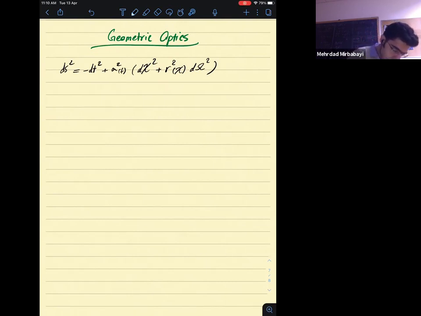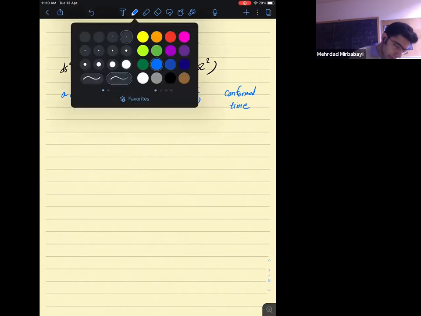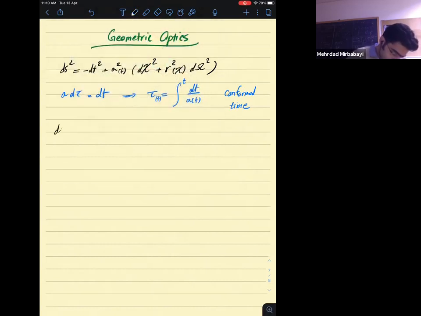Okay, and then we define the conformal time via the following relation. We said that a d tau is equal to dt, or tau is equal to the integral of dt over a of t. Tau is a function of t. So this is the conformal time, and in terms of the conformal time, the metric looks like this.